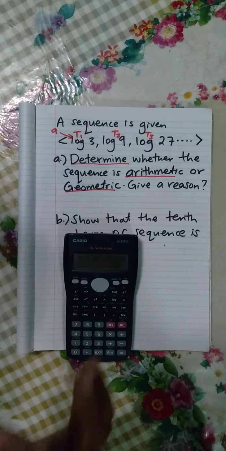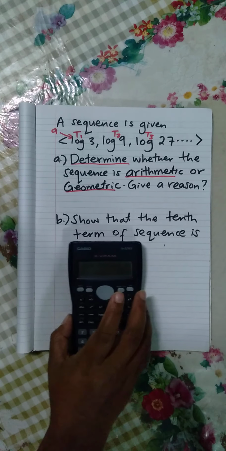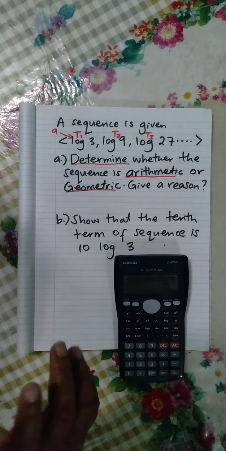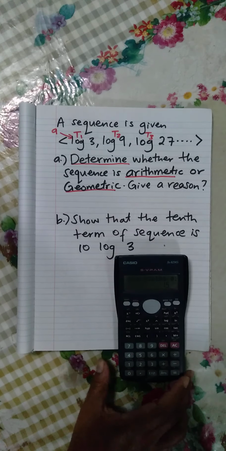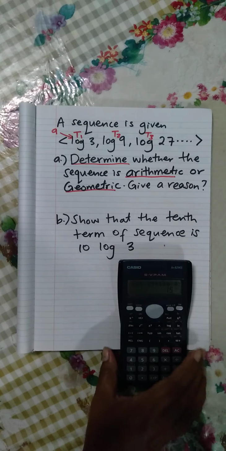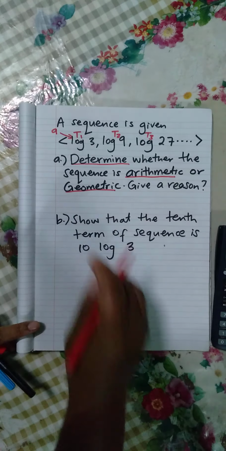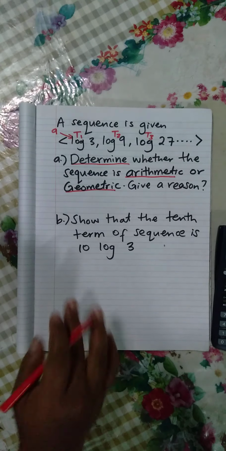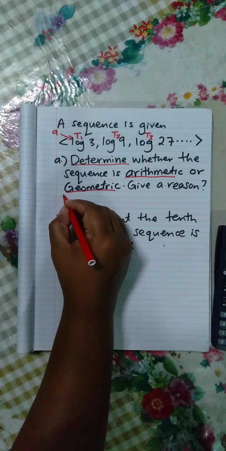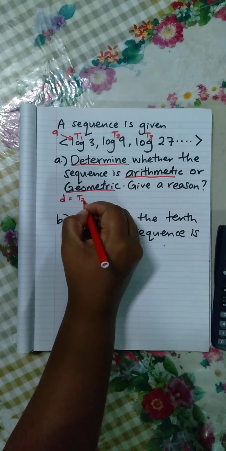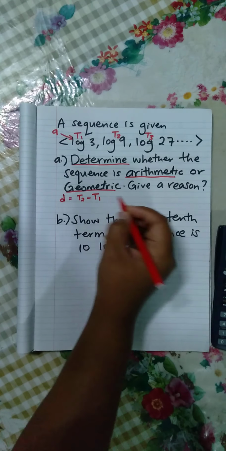So for arithmetic, it should have a common difference. But there is one application here because log is involved. That means we will have to use the properties of log. So the common difference equals T2 minus T1.